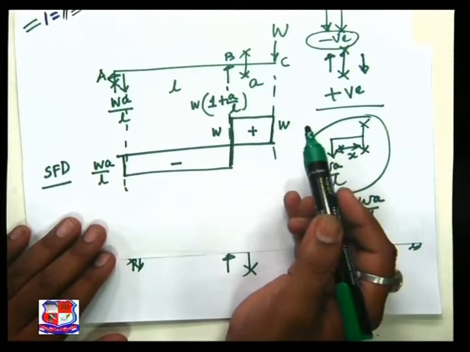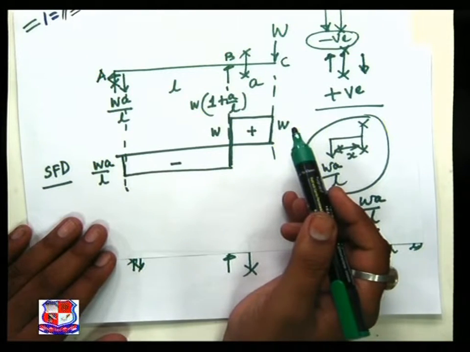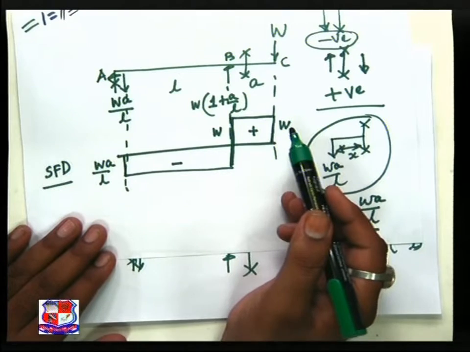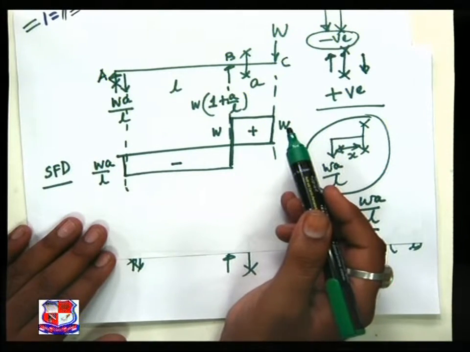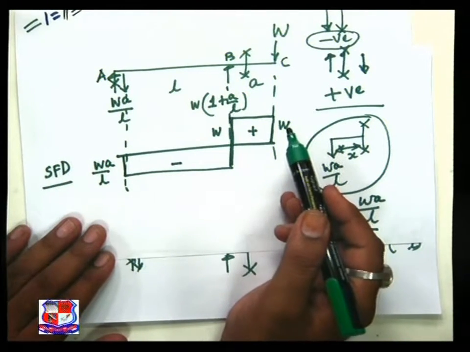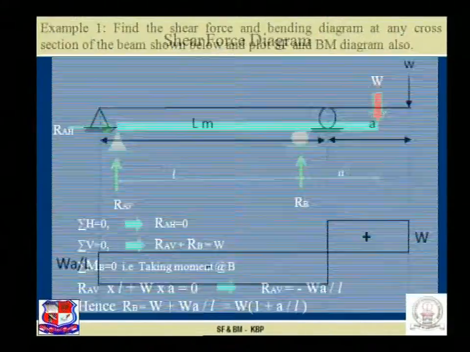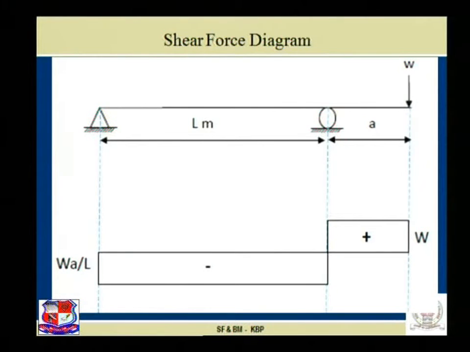So the same rules which we were taught in the previous lectures in case of a simply supported beam as well as an overhanging beam, we can apply right now also. Now see this PPT, the same thing we have obtained over here, and this is our shear force diagram. Now I think you have understood very clearly how to plot the shear force diagram.